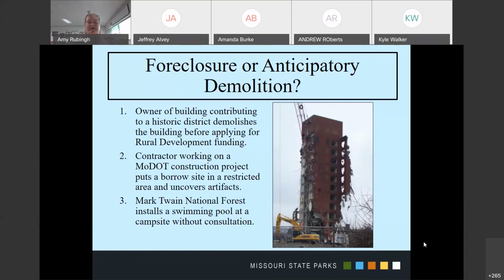And thereby any actions that they can take because of not getting your permit or federal funding. So no, it is not. Anticipatory demolition is foreclosure on a scale.